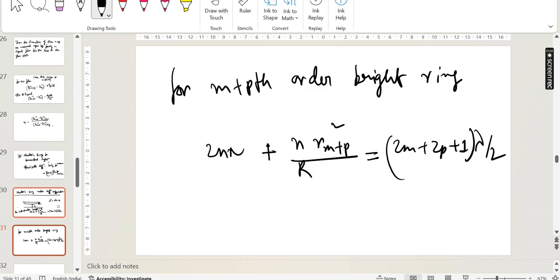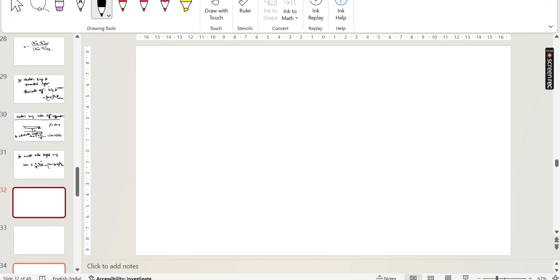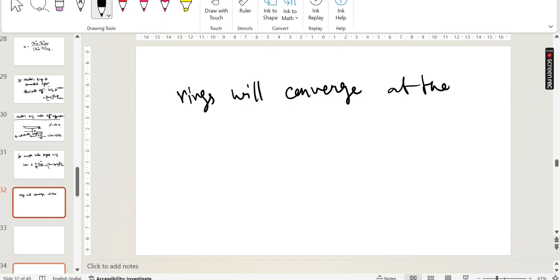So if we have moved the lens slowly in the up direction, we will find the rings will converge at the center. We can determine the lambda by doing that also: we move a known distance and then we count the number of rings that have converged to the center.